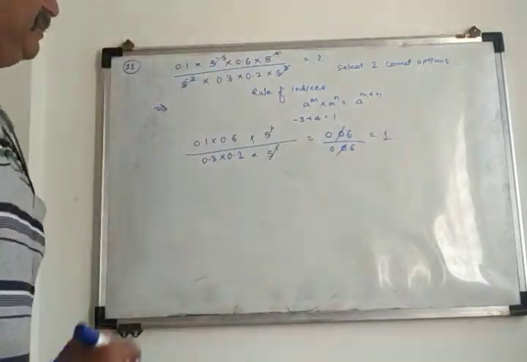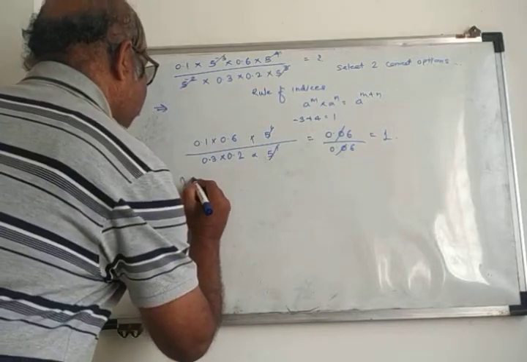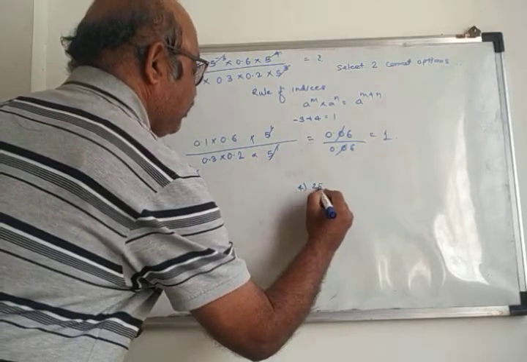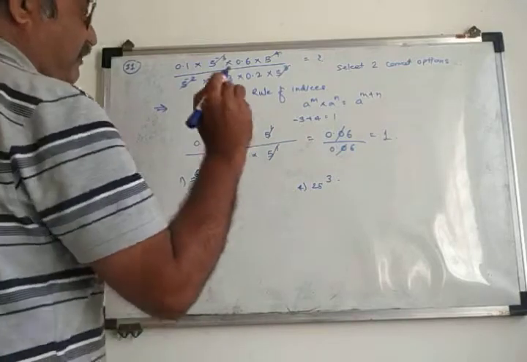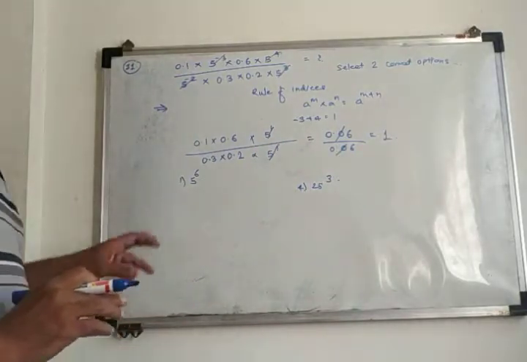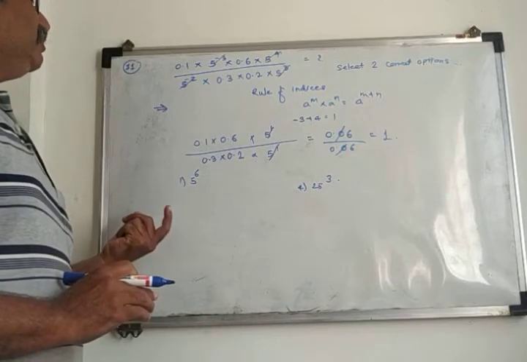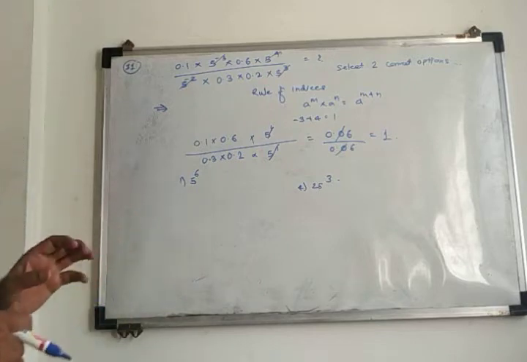But for this question they have given so many options. The first option I think is 5 raised to 6, and the fourth option is 25 raised to 3 or something. They have marked these two as correct, but I feel, it's my gut feeling, and I'm not trying to show anyone is inferior, that there may be a printing mistake.